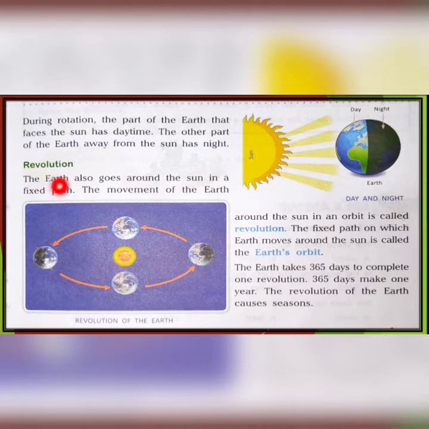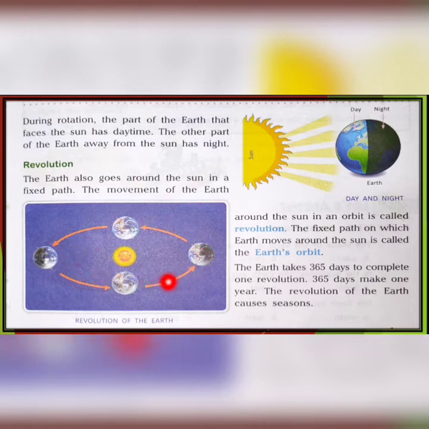The Earth also goes around the sun in a fixed path. The movement of the Earth around the sun in an orbit is called revolution. Orbit means a particular path. This particular path shown here, an oval shape, is the orbit. The fixed path on which the Earth moves around the sun is called the Earth's orbit, and the Earth takes 365 days to complete one revolution.